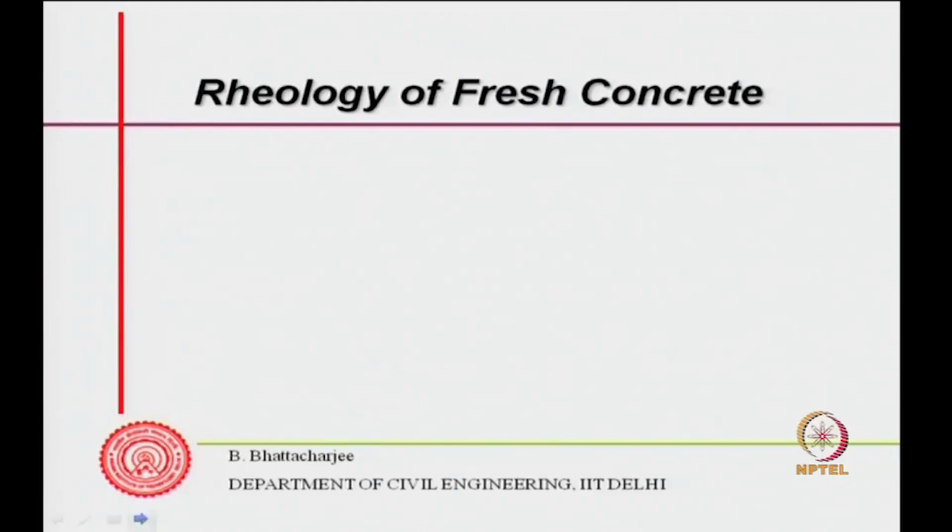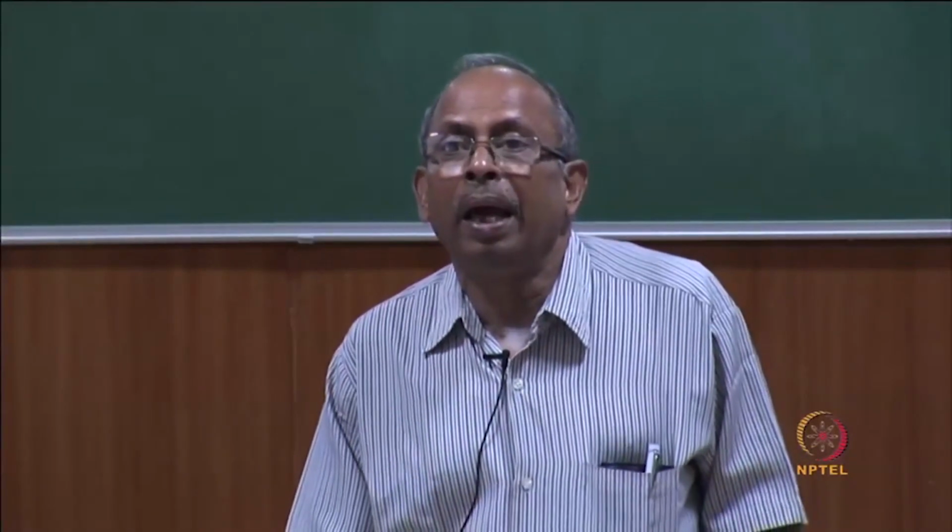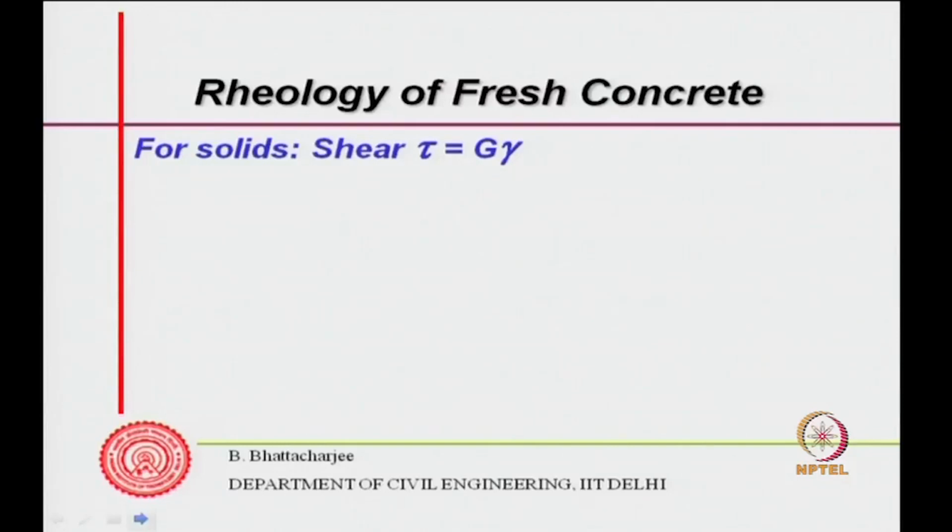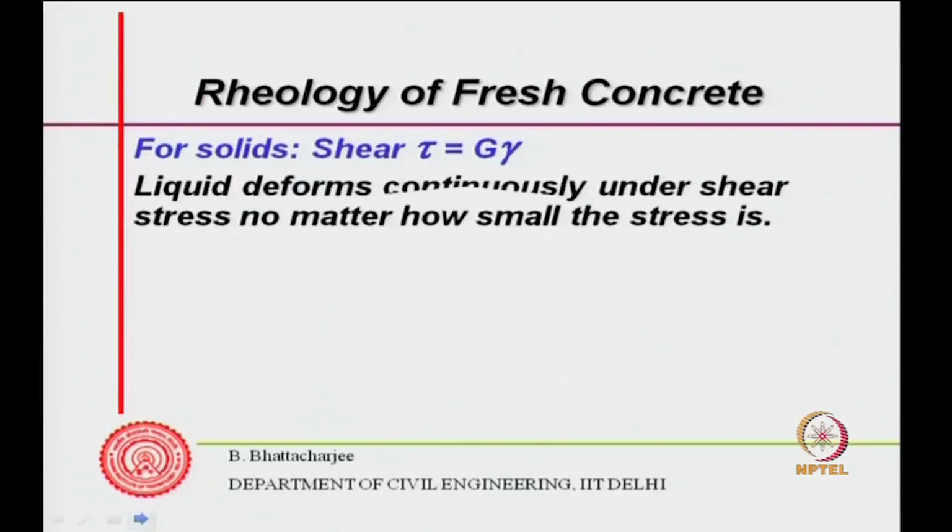So, we are looking at rheology, the subject which deals with flow properties. We are just distinguishing the solid. For solid, shear stress is proportional to shear strain, and the constant of proportionality is the rigidity modulus.